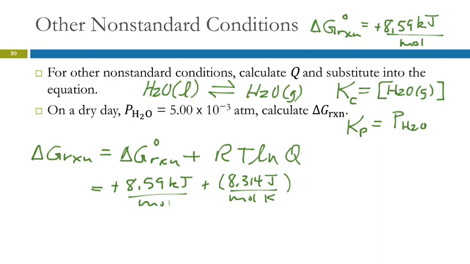So it's just asking for anything other than non-standard. So well, it's non-standard. But if you had to assume a temperature, it's on a dry day, there's water, this is the partial pressure, maybe room temperature, which is 25 degrees Celsius, just like the previous problem. So we're going to assume they mean room temperature.